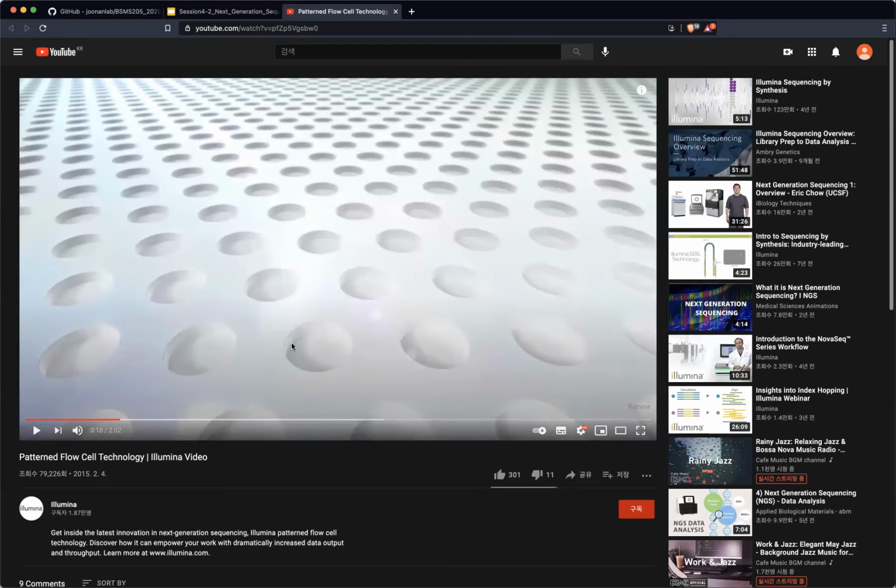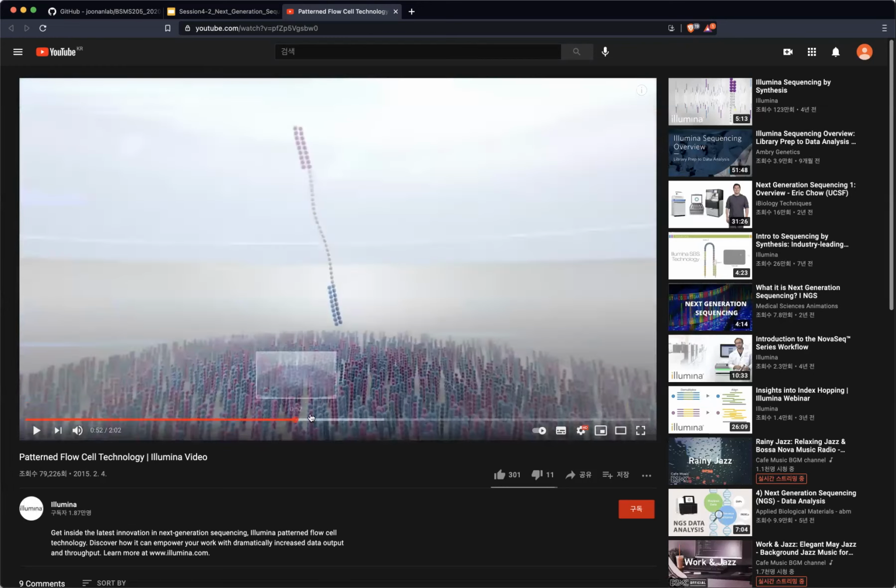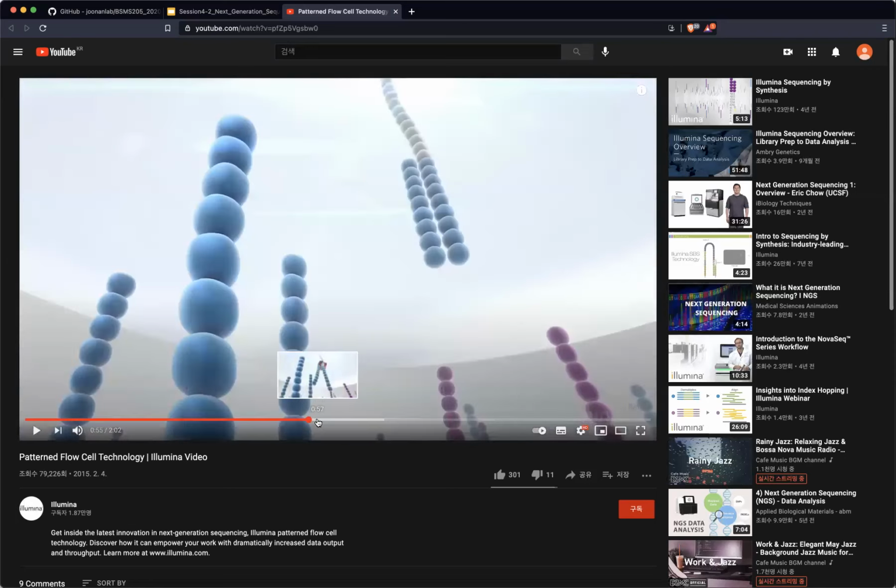Then if you look at the flow cell closely, it also has tiny primer stations like this. Within these primer stations, you have individual positions that can hold the library. So this station area looks like this, right? These are not the DNA library; these are the individual stations within the entire position.